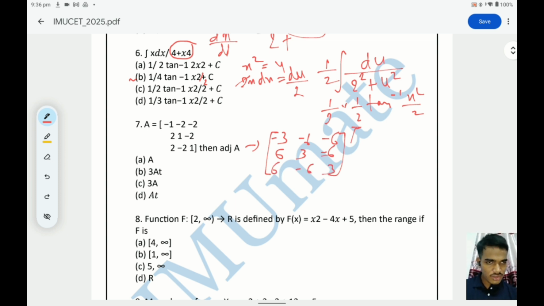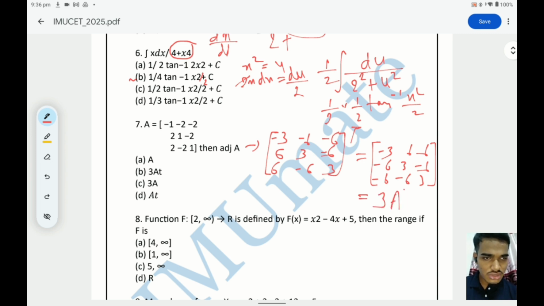These are the cofactors, and its transpose means minus 3, 6, 6, minus 6, 3, minus 6, 3, minus 6, minus 6, 3. This is the transpose, and if we check, this is A into 3 of A into transpose. So option B will be the correct answer.